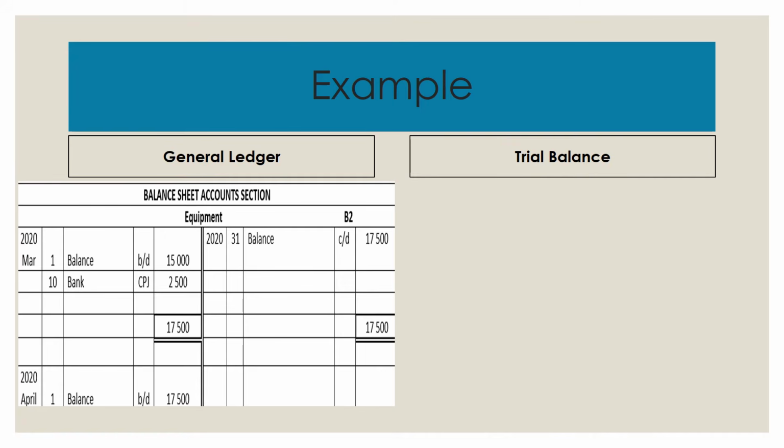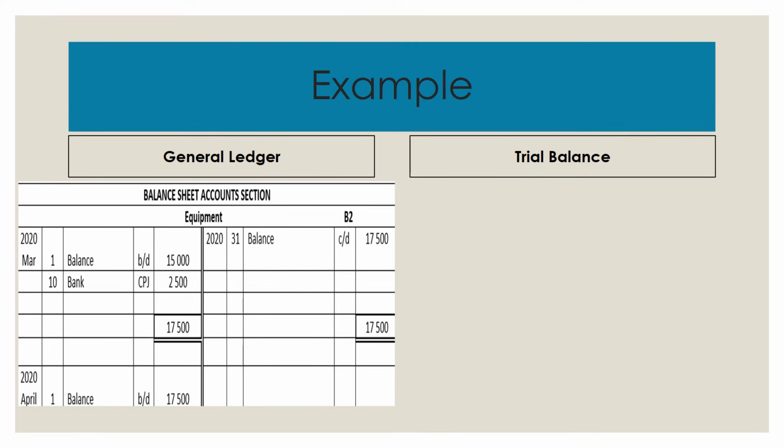Our next account is equipment. Also found in the balance sheet account section, we have a balance brought down on the debit side of 15,000 at the beginning of the month. During the month, we bought equipment for 2,500. We found this in the CPJ, and that gives us a balance carried down of 17,500.